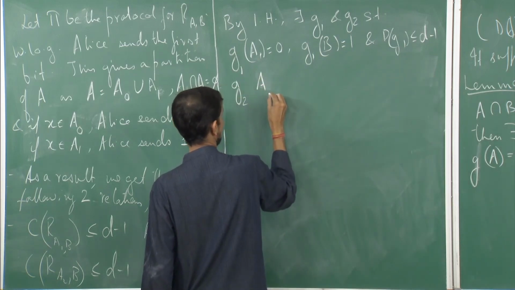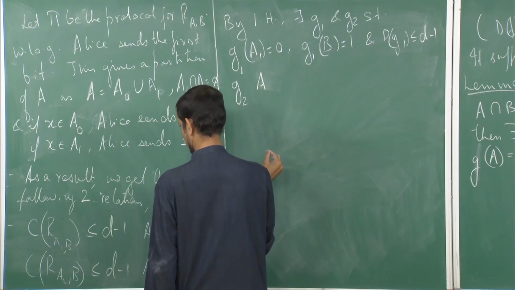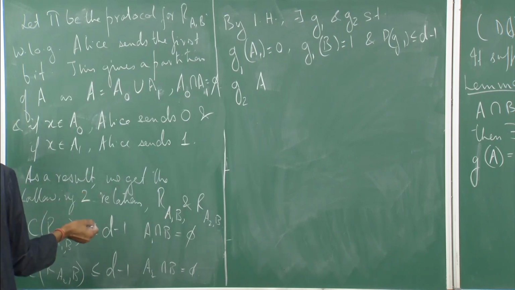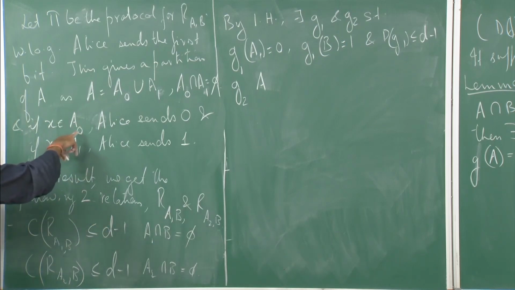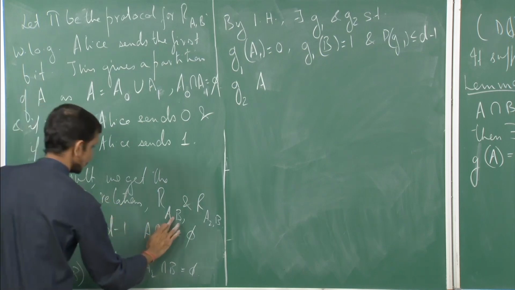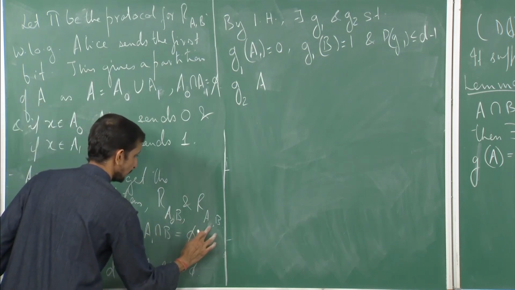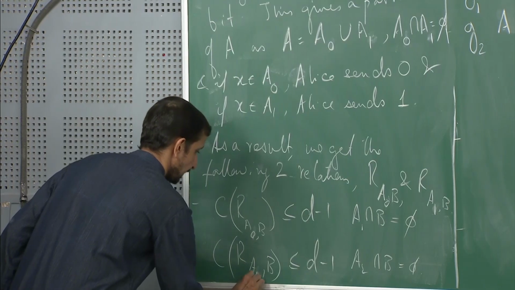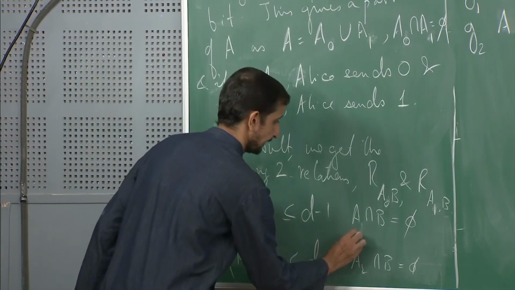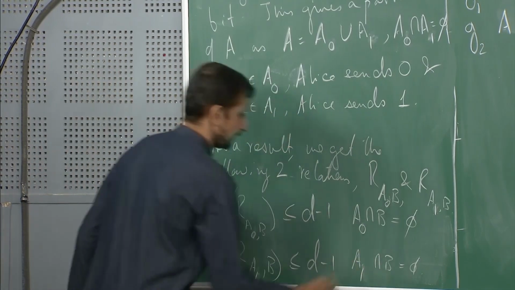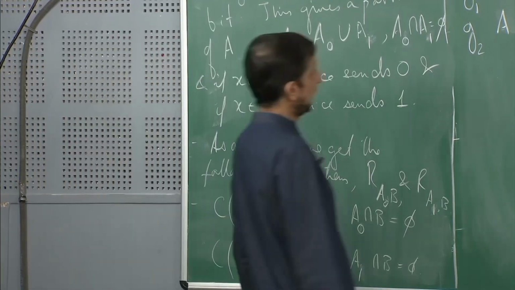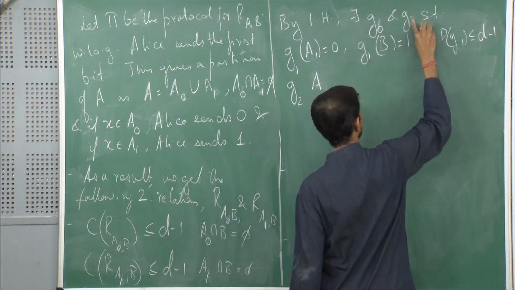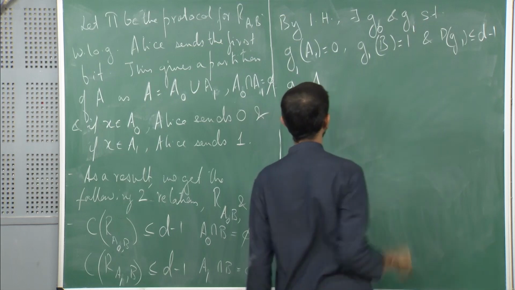Similarly G2 of, I'm sorry, again I think I've confused it. So it should be A0 and A1 here, and let me write this also as G0 and G1.